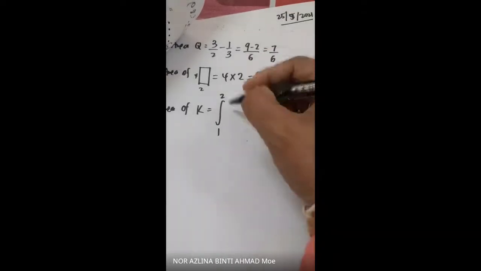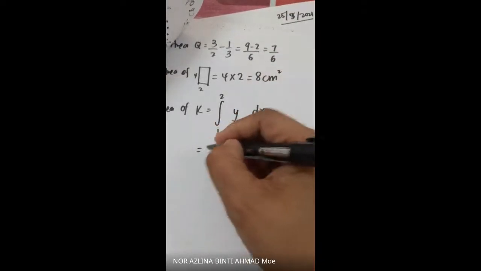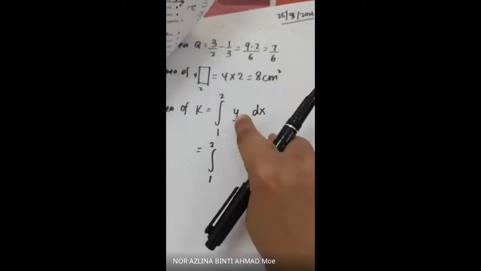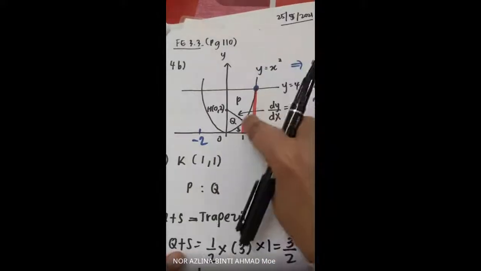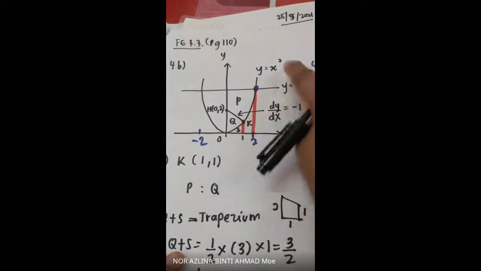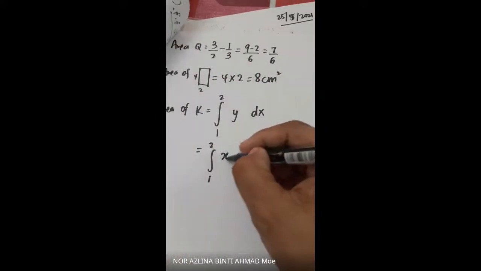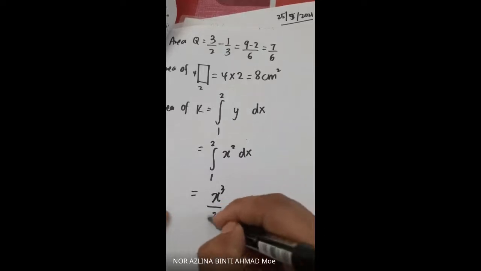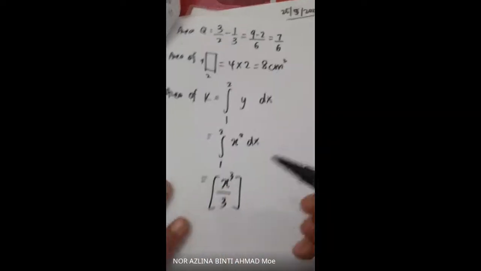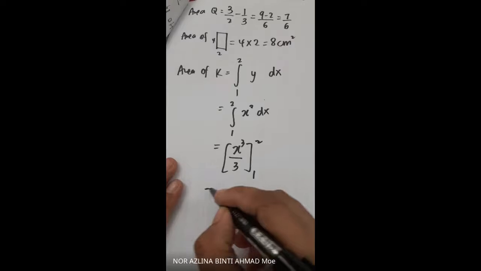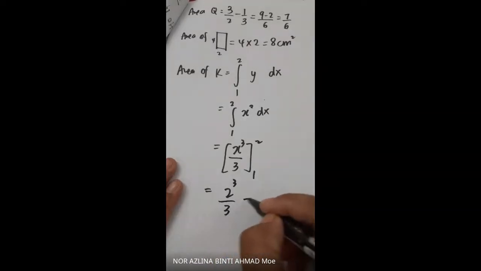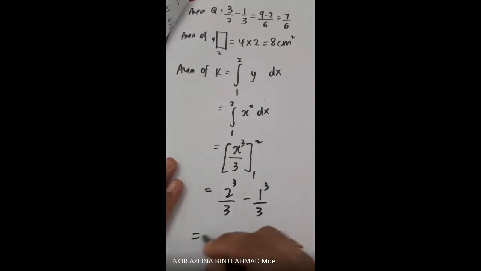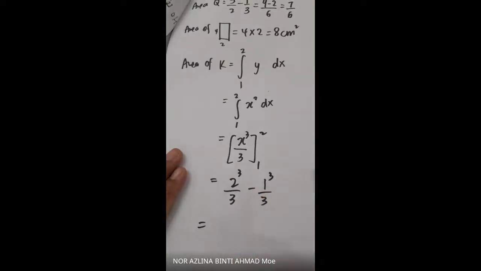When dx here must be y. So from 1 to 2, y, curve y equals x squared dx. So here x cubed over 3 from 1 until 2. So substitute, 8 over 3 minus 1 over 3 is 7 over 3.